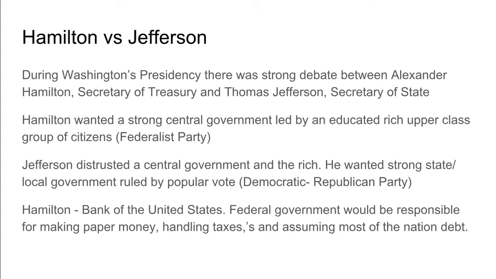And it's also going to take over the debt. So he's going to say, hey, states cannot afford to pay back this massive debt from the Revolutionary War. We'll take that underneath the national government. And the nation will oversee the money that we're going to issue out, and how we will regulate that, and how we will set up taxes.